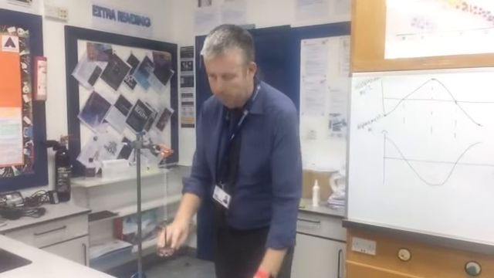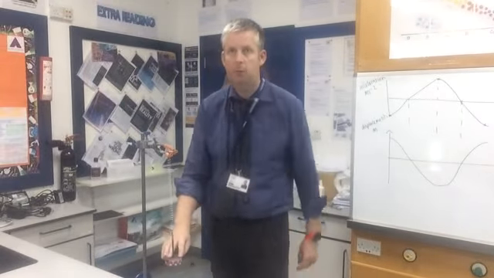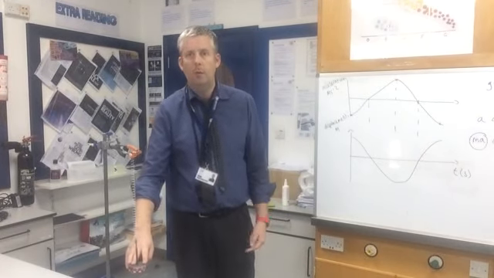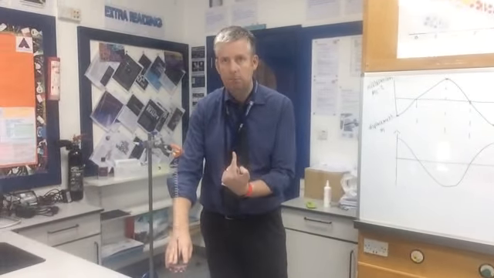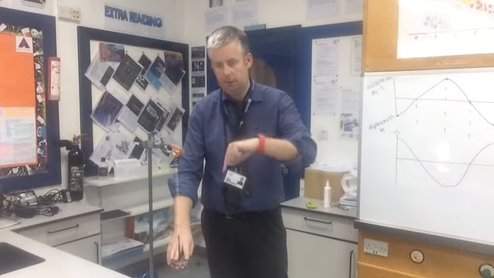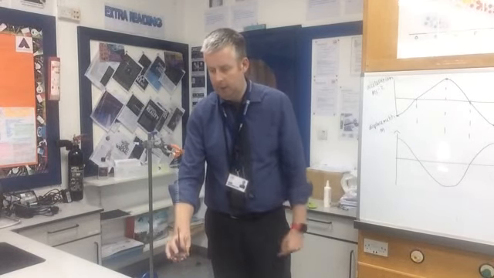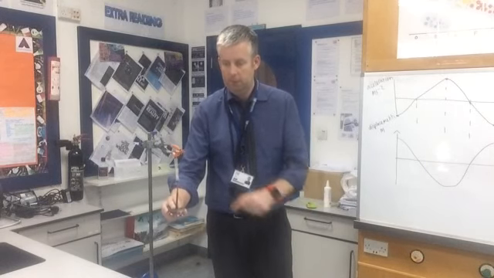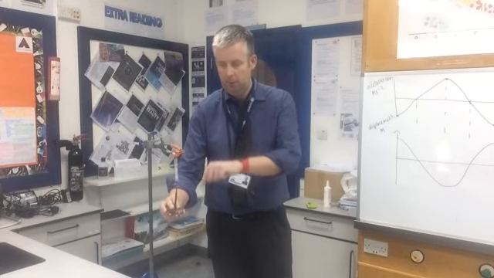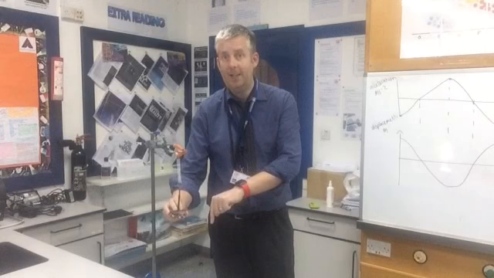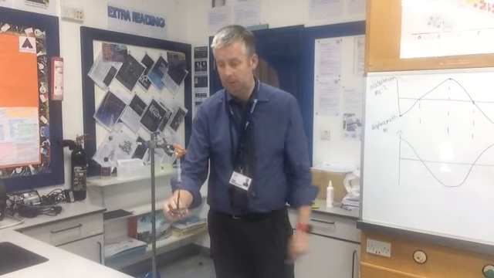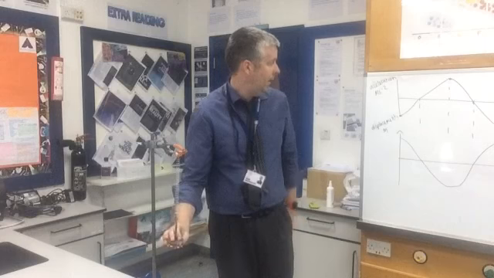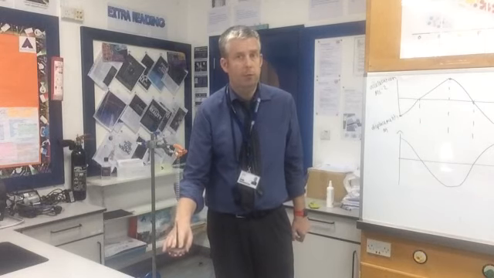So if I push my spring right down to the bottom of its motion here, the force will be directed upwards because the displacement is directed downwards. Here, at the maximum positive amplitude, the force will be directed downwards against the direction of the displacement and towards the equilibrium position. And at the equilibrium position, there's no force at all.